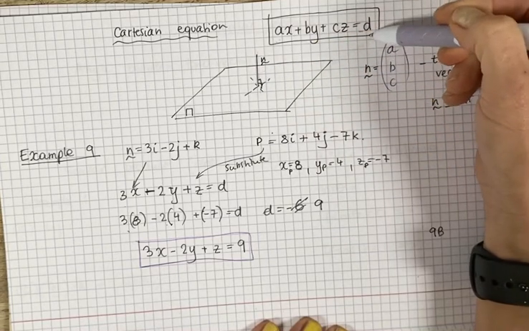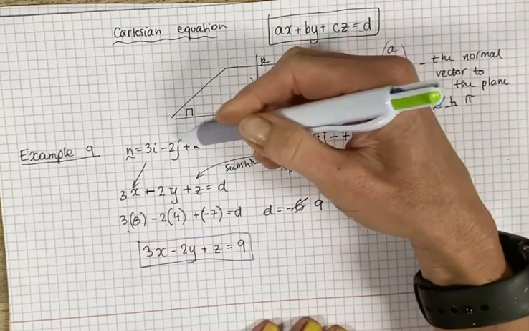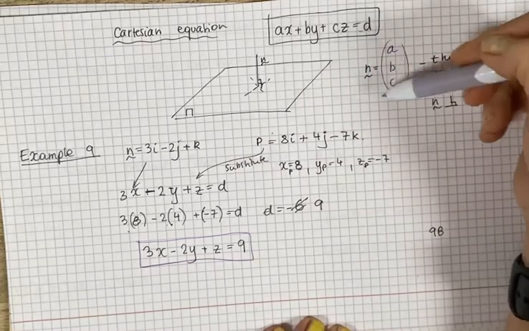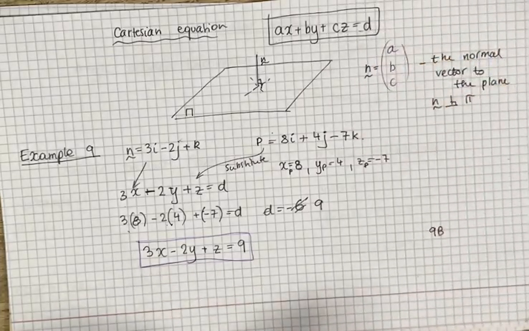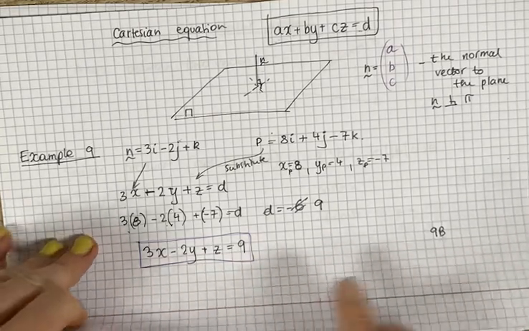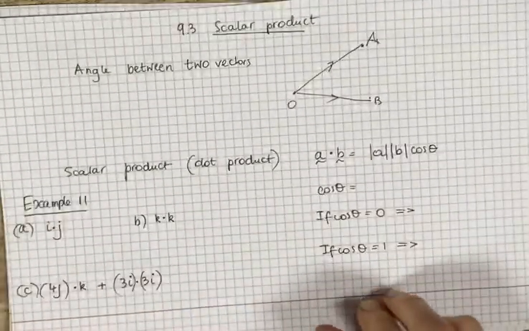And then if you know what that vector is, like over here, you can just create the left-hand side and then substitute the coordinates of a point that you know belongs to that plane to find the value of d. So off you go and do exercise 9B.